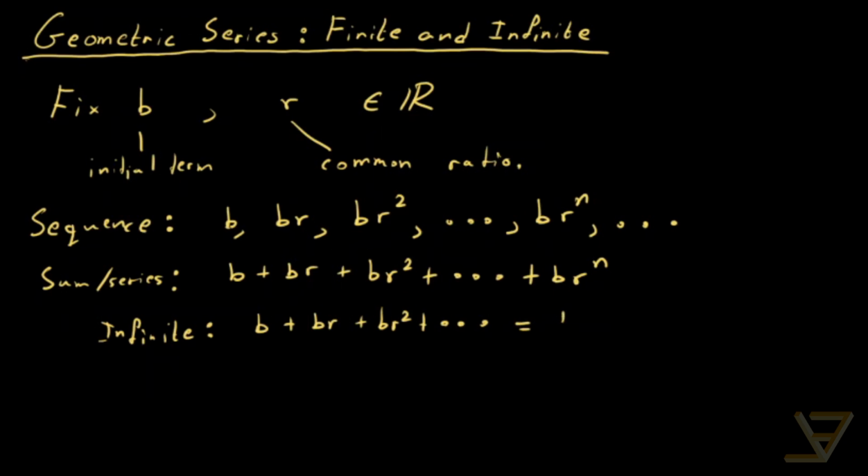And really this is a limit as n goes to infinity of the first one. So we take a finite sum and we take the final exponent n to infinity. But we'll deal with that after we deal with the finite variant over here.